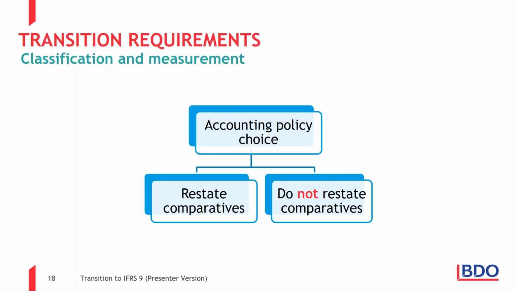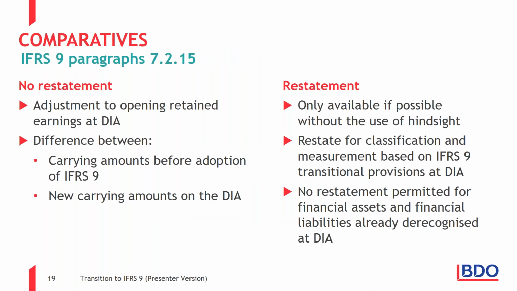So basically, if we look at that previous table slightly differently, we could say in a diagram or a decision tree, you've got an accounting policy choice to restate your comparatives, or you have an accounting policy to not restate comparatives. And that's your decision, and you have to disclose that accounting policy choice.